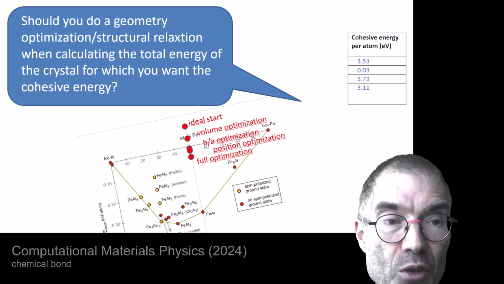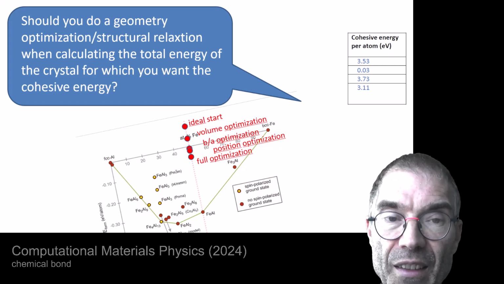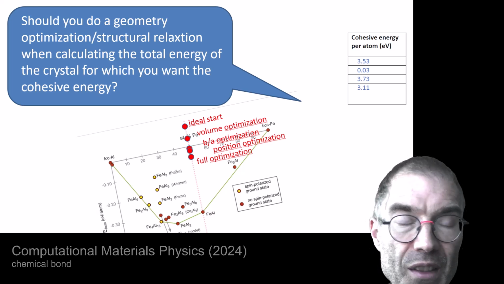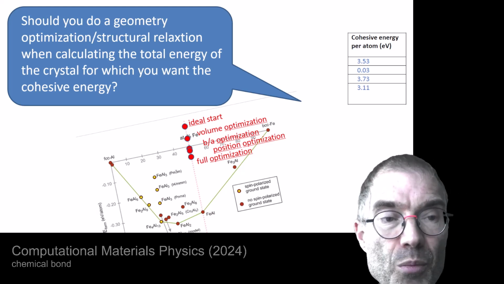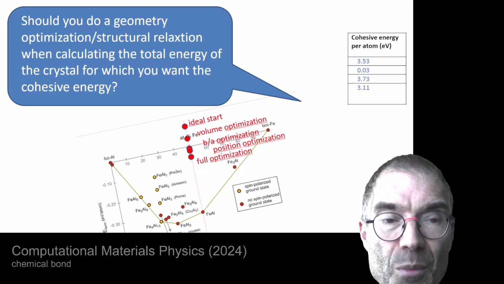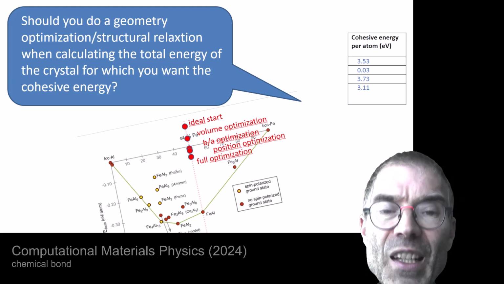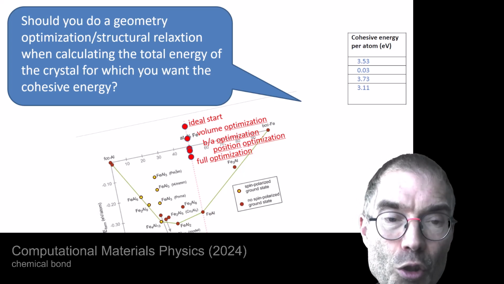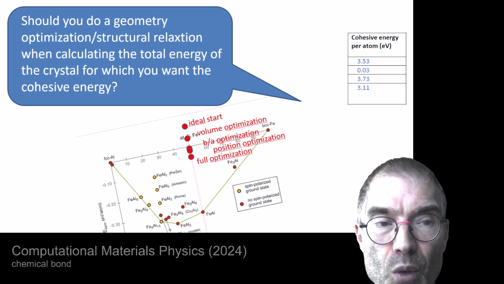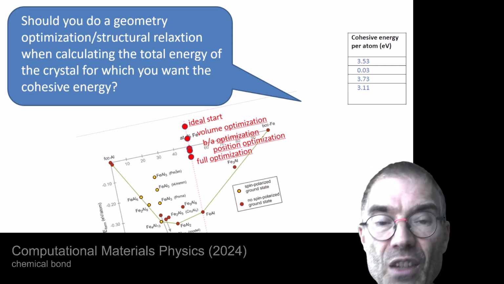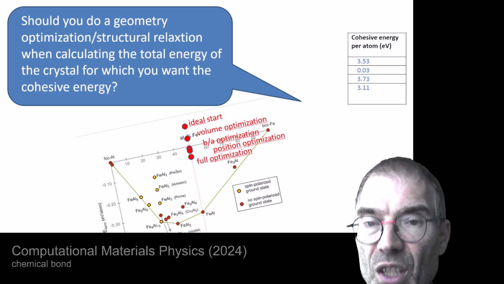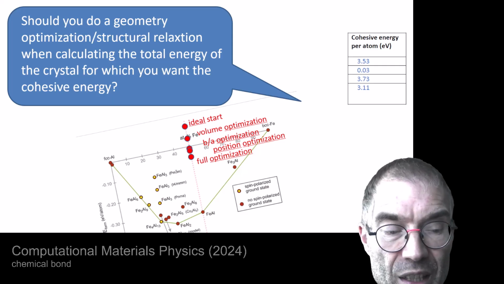And then, if I take one experiment, my cohesive energy will be a bit smaller, if I take another, it will be even smaller. So your prediction would depend on experimental information. So the cleanest number that does not depend on experiment is one where you use the DFT optimized geometry. So my answer to this question would be yes, preferably yes.